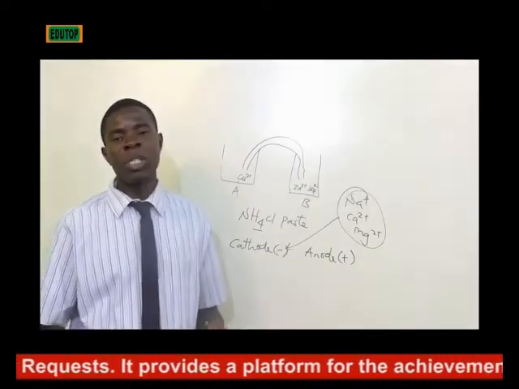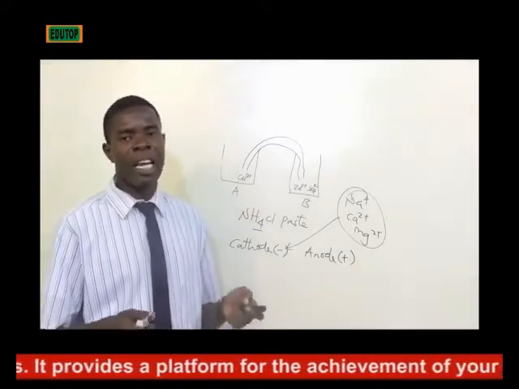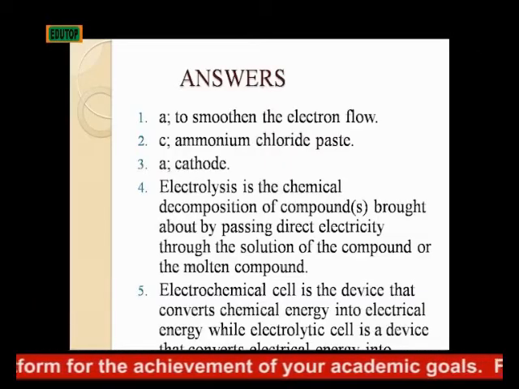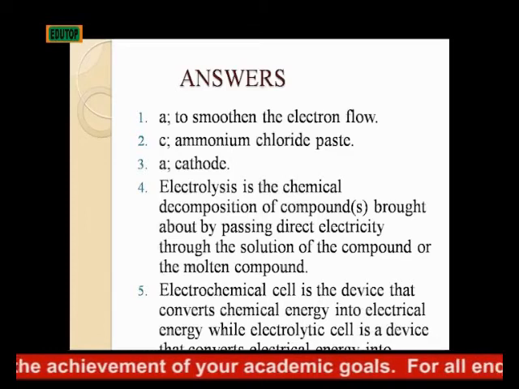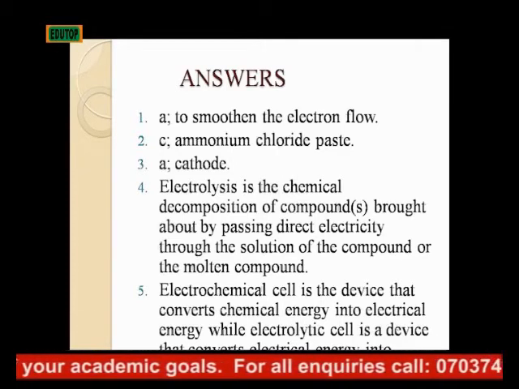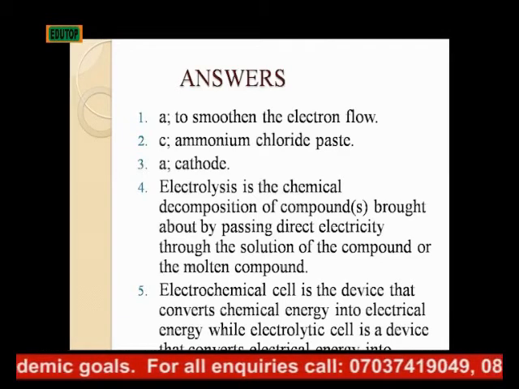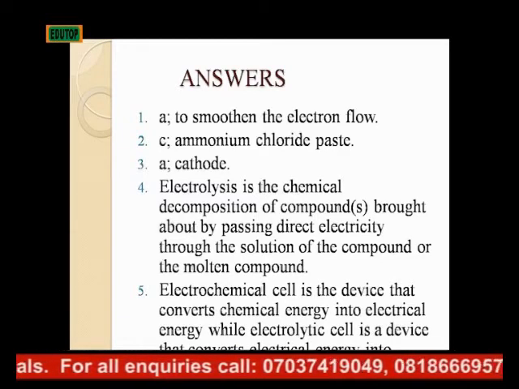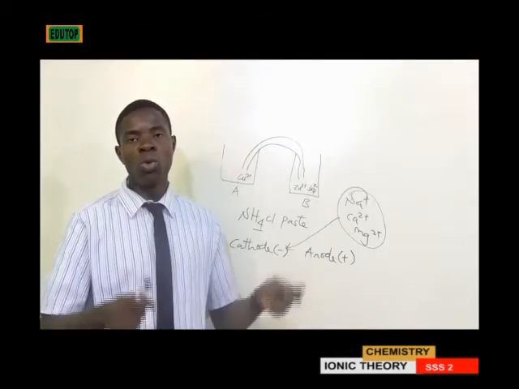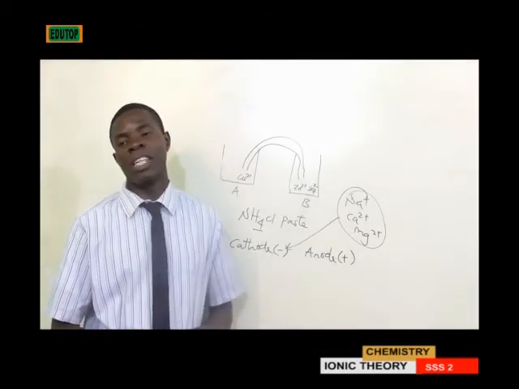The difference is that an electrochemical cell is a device that converts chemical energy into electrical energy, while an electrolytic cell is a device that converts electrical energy into chemical energy. That is the difference.